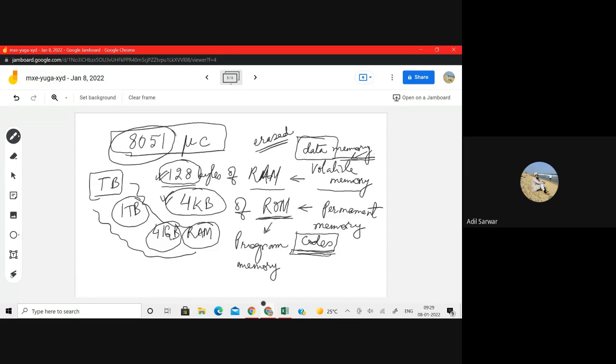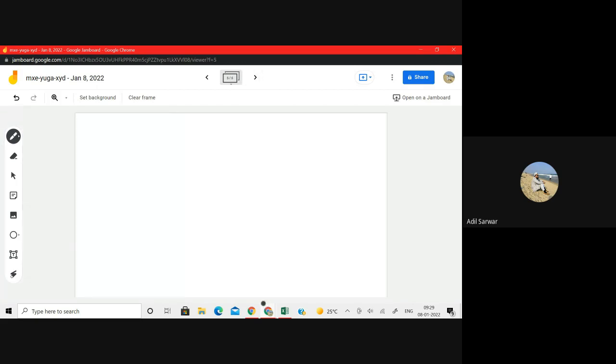And I will take up when we discuss programming how it is sufficient to do most of our work. You see, a microcontroller is used for specific applications. Now let me quickly write down here the difference between microcontroller and microprocessor.